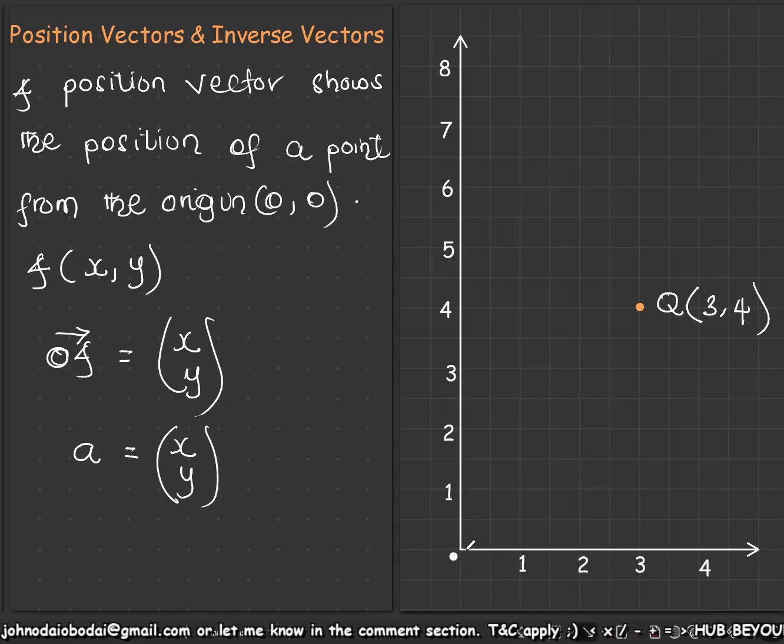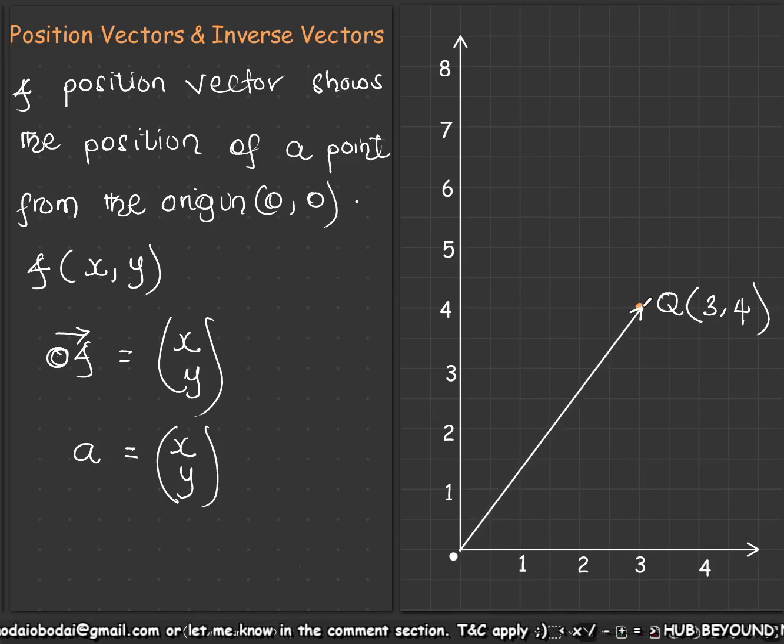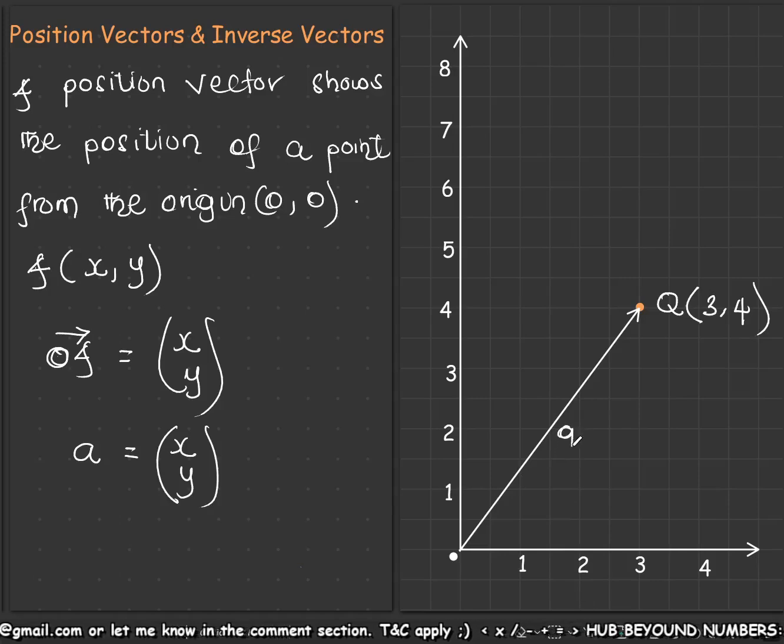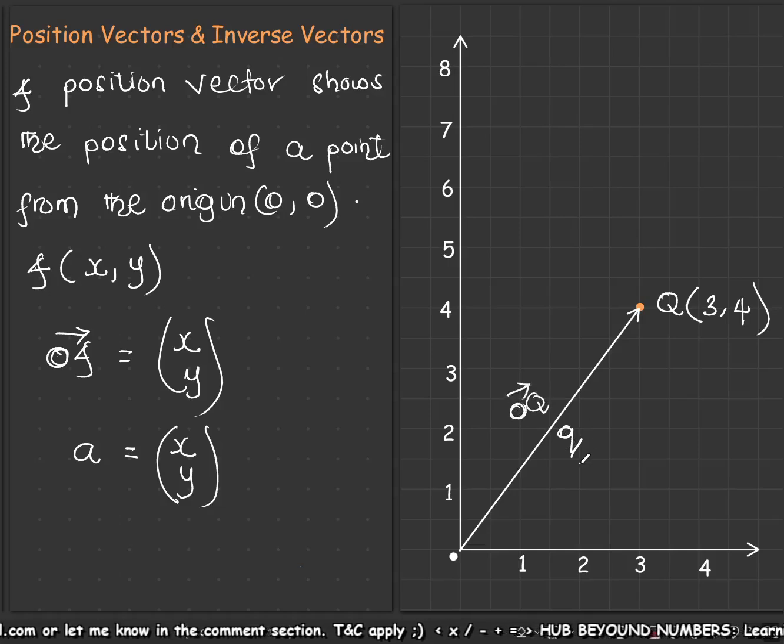So representing it in that way is going to be something like this. Hence Q here can then be written in terms of position vectors as either small q, or vector OQ. So this is something you should know under position vectors.